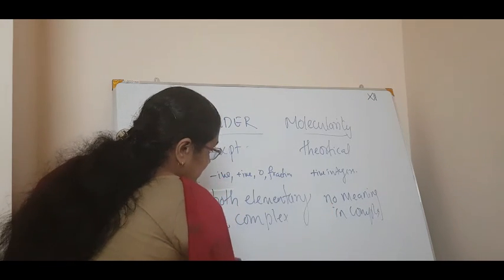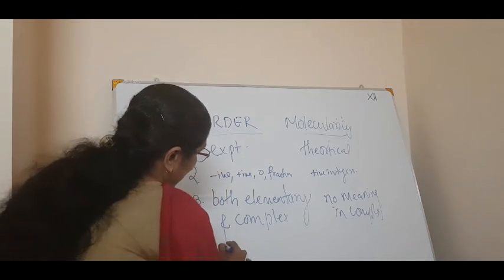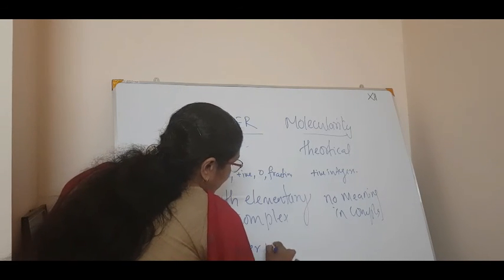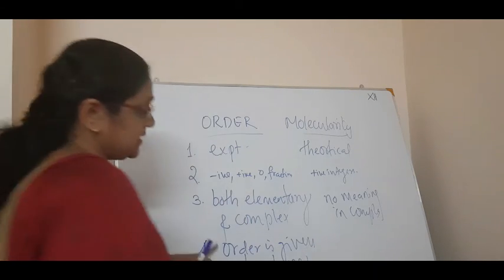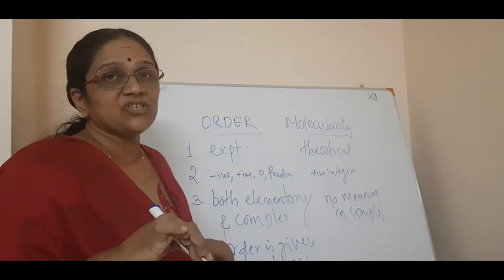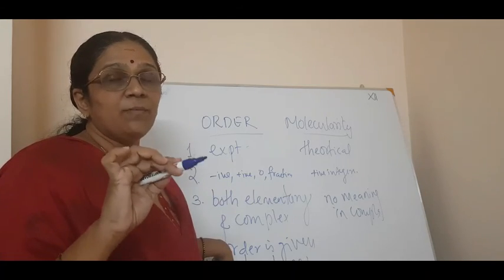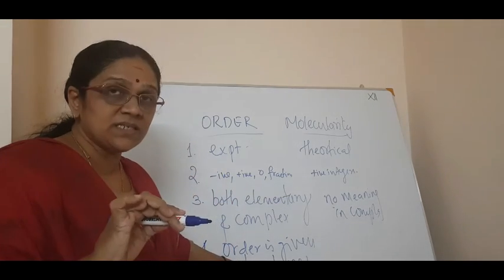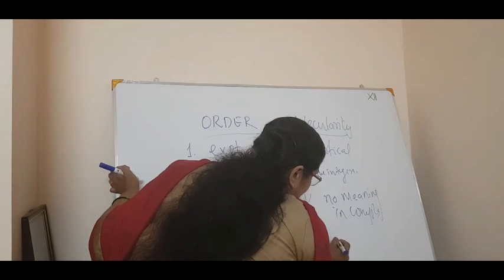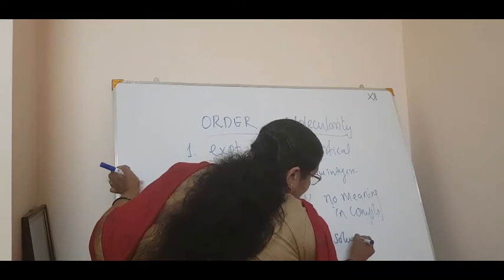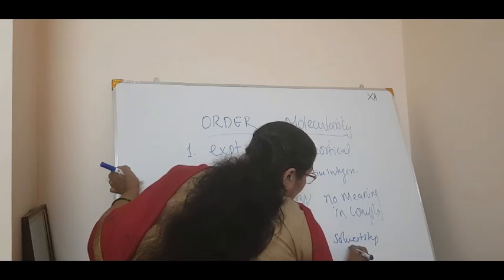And the last is, in a complex reaction, the order is given by the slowest step. And in molecularity, what happens? The molecularity of the slowest step is the order.